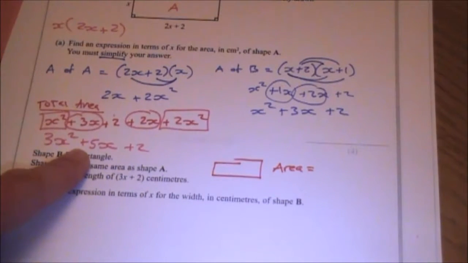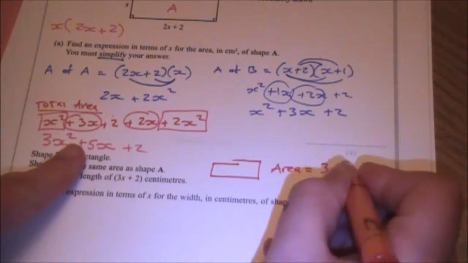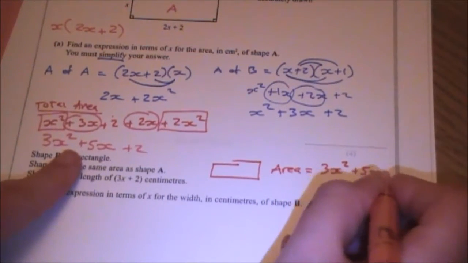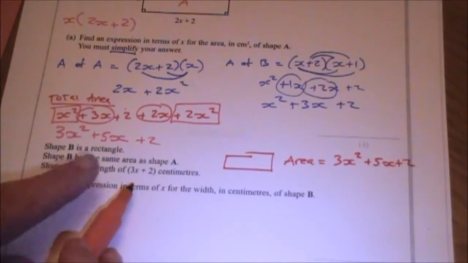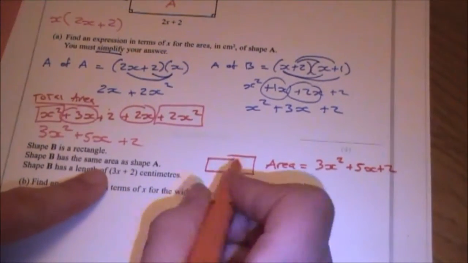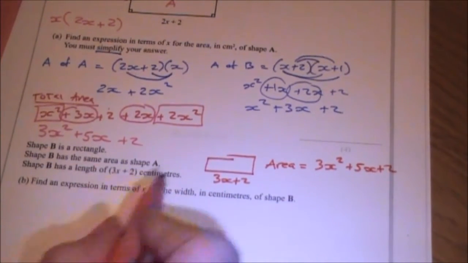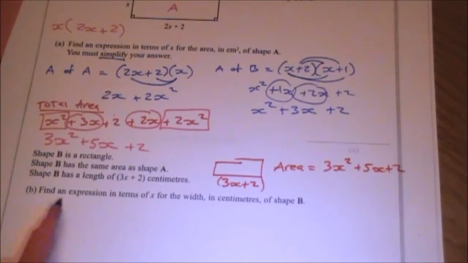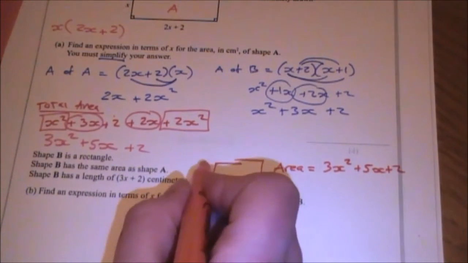I'm also showing the examiner that I think that is the area for shape A, and I'm using it for part 2. So 3x squared plus 5x plus 2. Shape B has a length of 3x plus 2, so I'm going to call that 3x plus 2. Find an expression in terms of x for the width in centimetres of shape B.